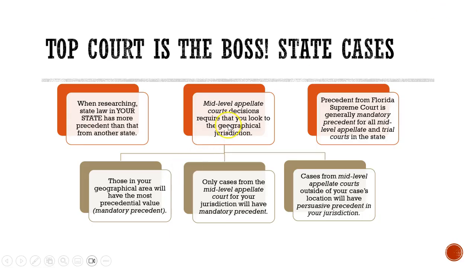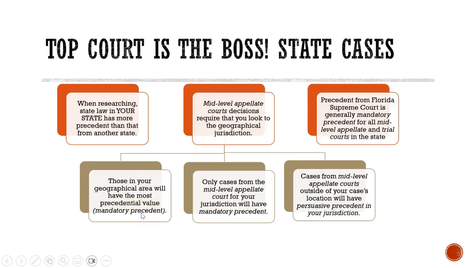Okay, so mid-level appellate courts. Those decisions require, again, that we look to the geographical jurisdiction. Let's put it easily, like the realtor says, location, location, location. That's what we're talking about. Those in your geographical area have the most precedential value.